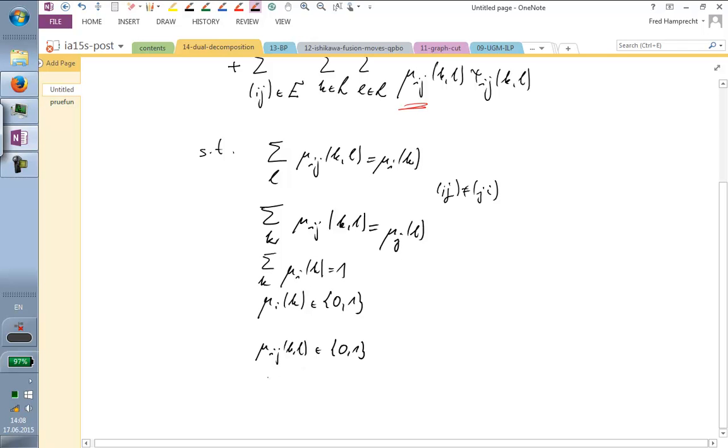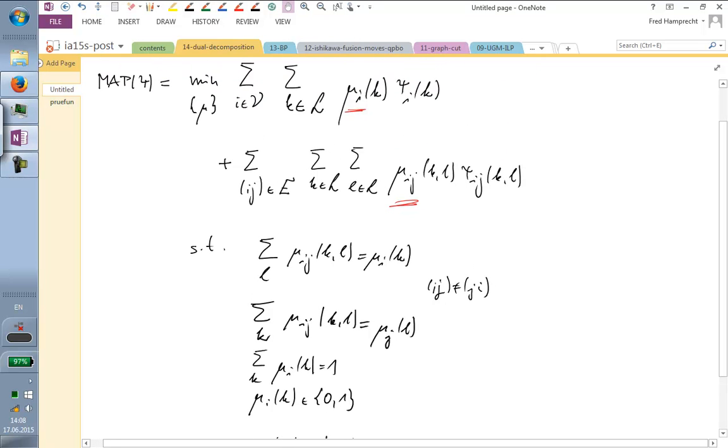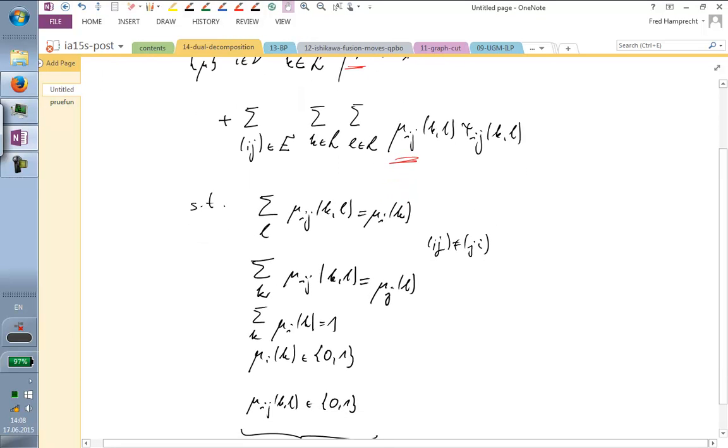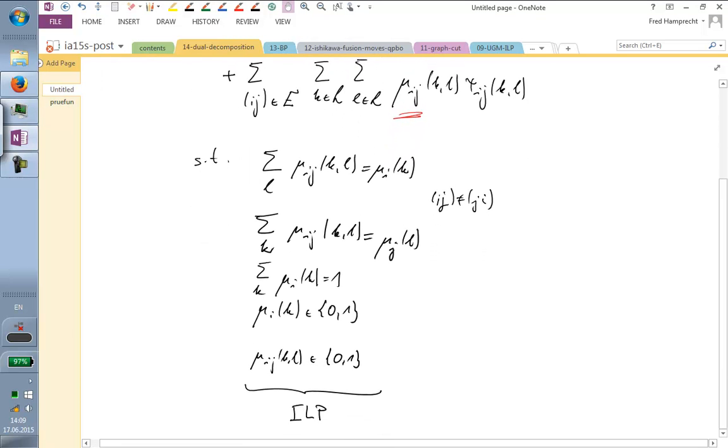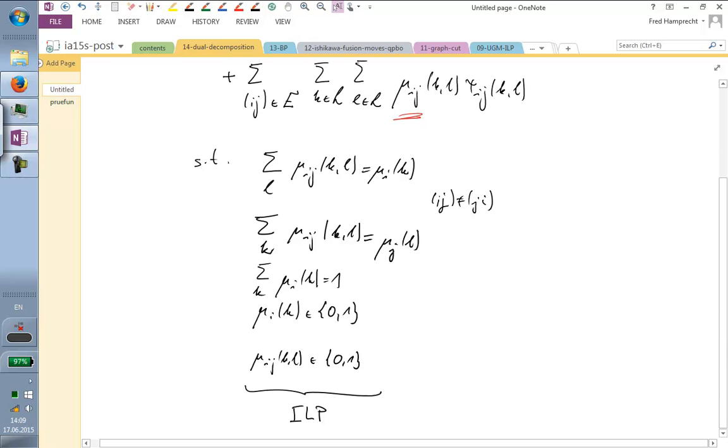So as it stands, this is an ILP formulation, an integer linear program. Linear because the objective is linear in the random variables over which we optimize. The constraints are also linear, and we have these integrality constraints.